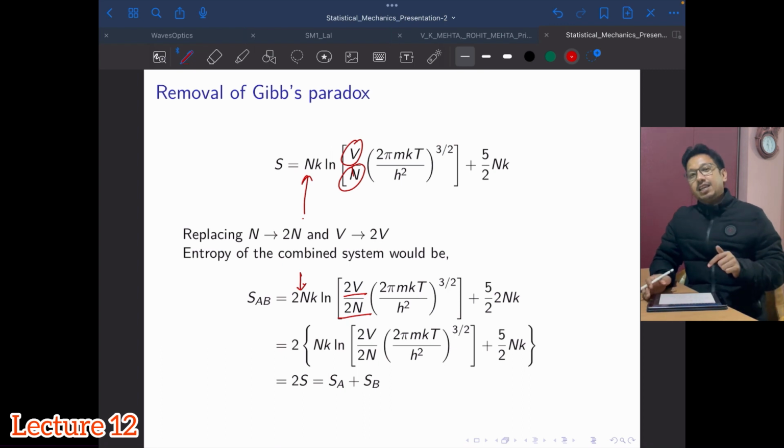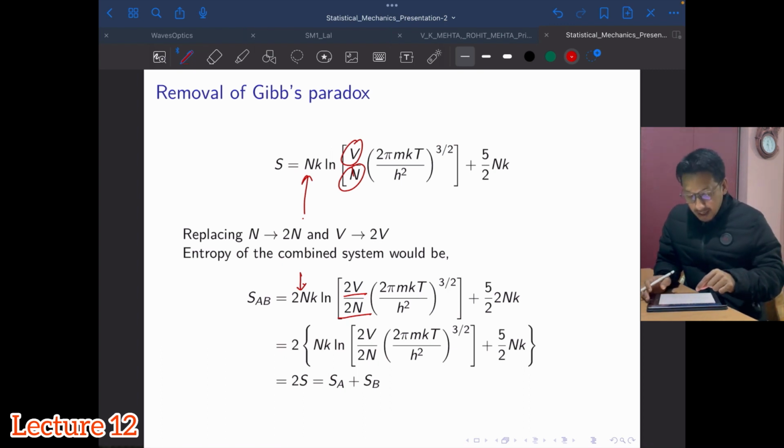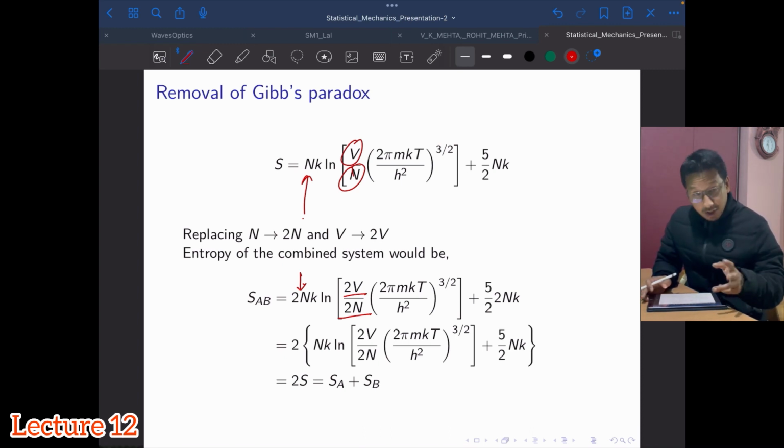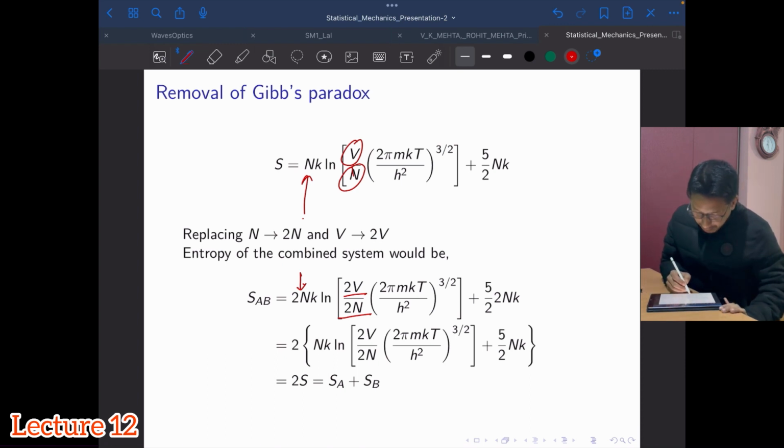See, the important thing here is that instead of the total volume we had in the earlier expression, now we have the volume per molecule, which actually does the job for us. So 2V by 2N, the 2 will get cancelled out. Then this is again a simple substitution.